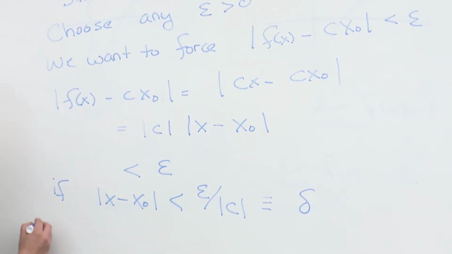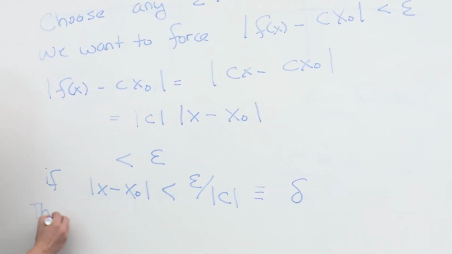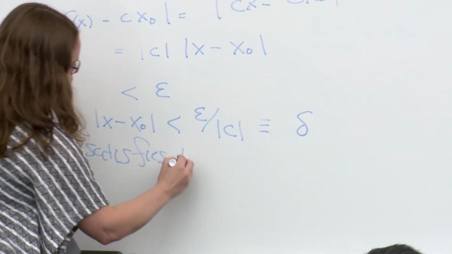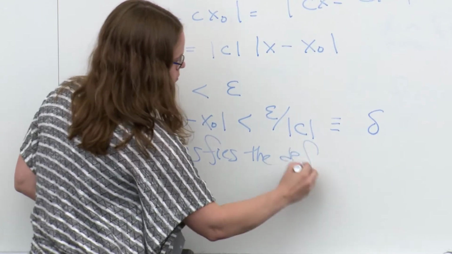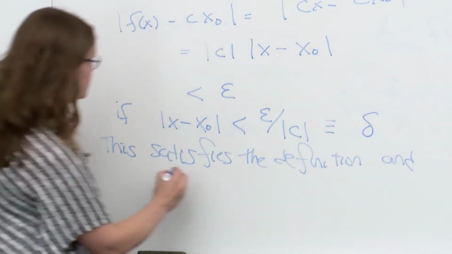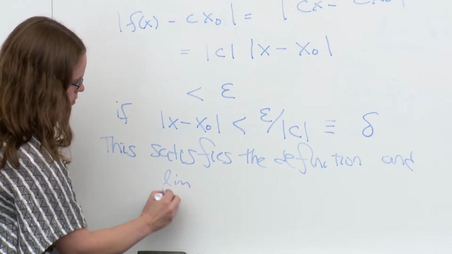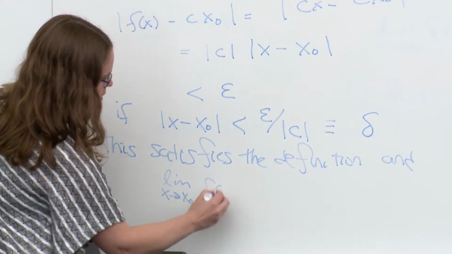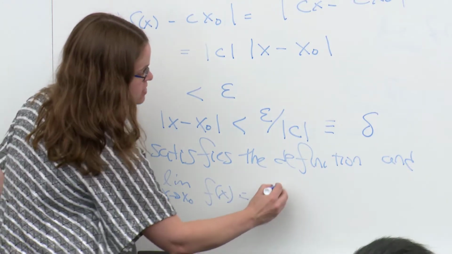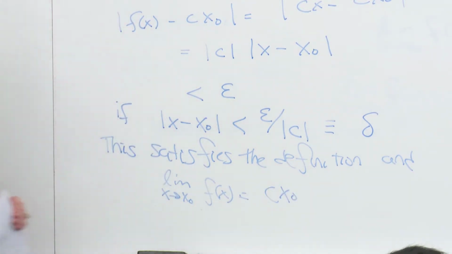Okay, so this satisfies the definition. So we can conclude that indeed the limit of f of x as x goes to x naught is equal to c x naught.